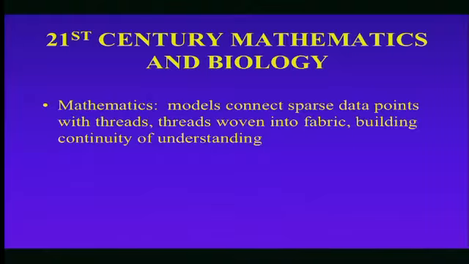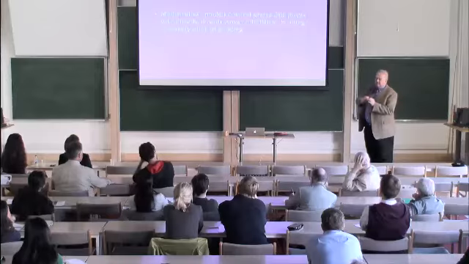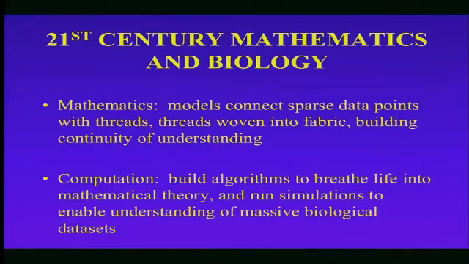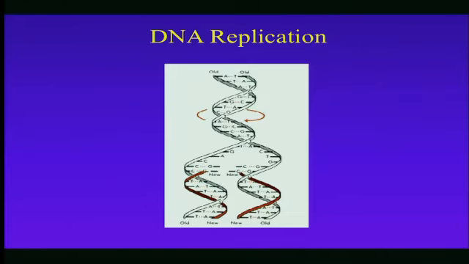So you can think of mathematics as a way to take sparse data points and put threads of understanding between and among the points and weave these threads together to give you perhaps a fabric of understanding. On the computation side, you build algorithms to breathe life into the mathematical theory and to run simulations to enable understanding of these massive biological data sets.